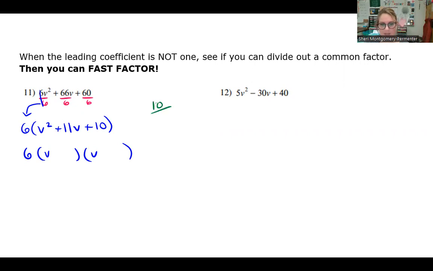Factors of 10: we've got 1 and 10, 2 and 5. Which one of those factor pairs can I put together to make 11? I can use 1 and 10. My middle term is positive, so the bigger number has to be positive. And if I have 10, I would have to add 1 to make 11.